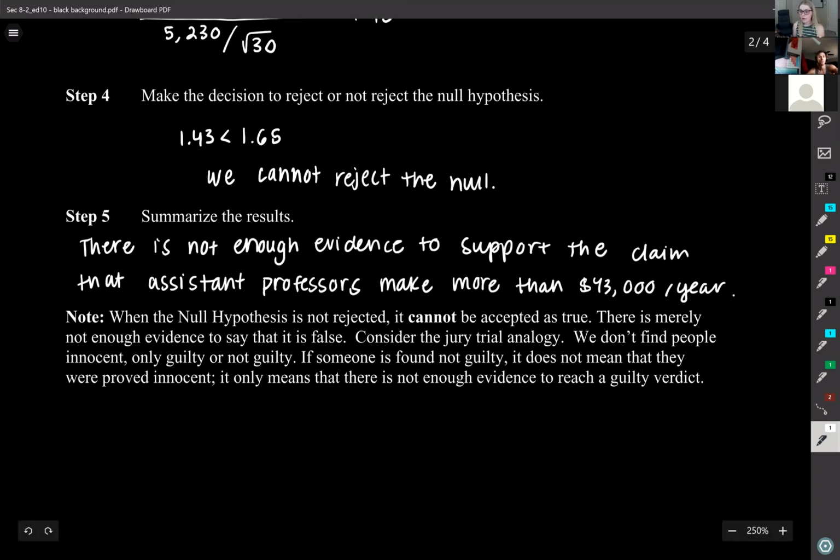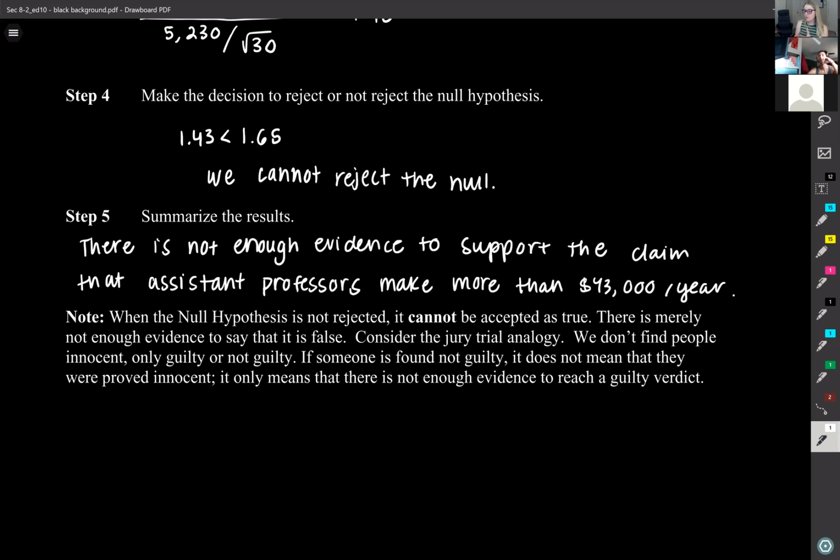But let's talk about a little note here. When the null hypothesis is not rejected, it can't be accepted as true. Just because you didn't reject it doesn't mean that all of a sudden that's the case. Just because we said we can't reject that the mean is 43,000, it doesn't mean that suddenly we say the mean is 43,000. This is like, there's not enough evidence to say that it's false. I like this analogy about the jury trial.